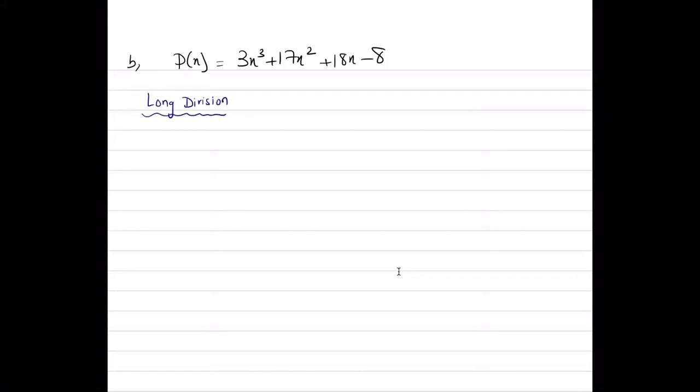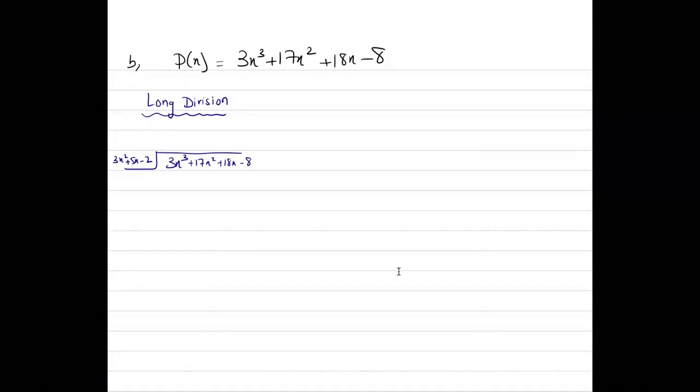You already have a factor, and that's a quadratic factor. So if I am going to divide this polynomial by the quadratic factor, that was 3x squared plus 5x minus 2, please divide this cubic polynomial by the quadratic factor.